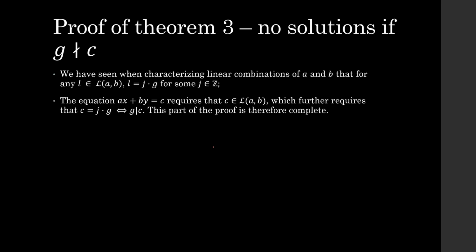So the equation ax plus by equals C requires that C is an element of the linear combinations of A and B, because ax plus by is a linear combination of A and B. That further requires that C is a multiple of G, which means that G divides C. So that part of the proof is complete. That's a necessary condition: G must divide C.